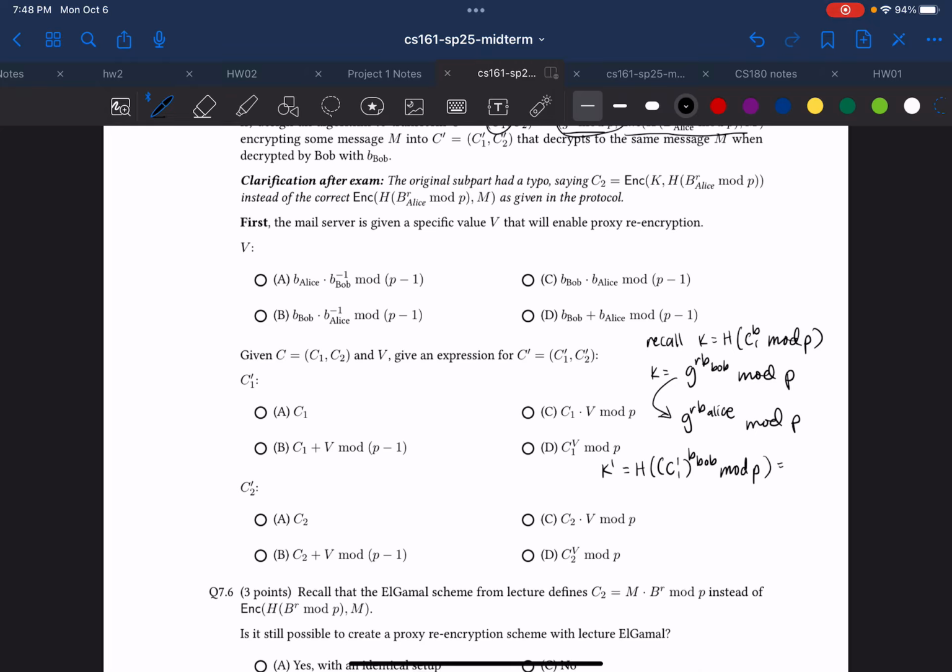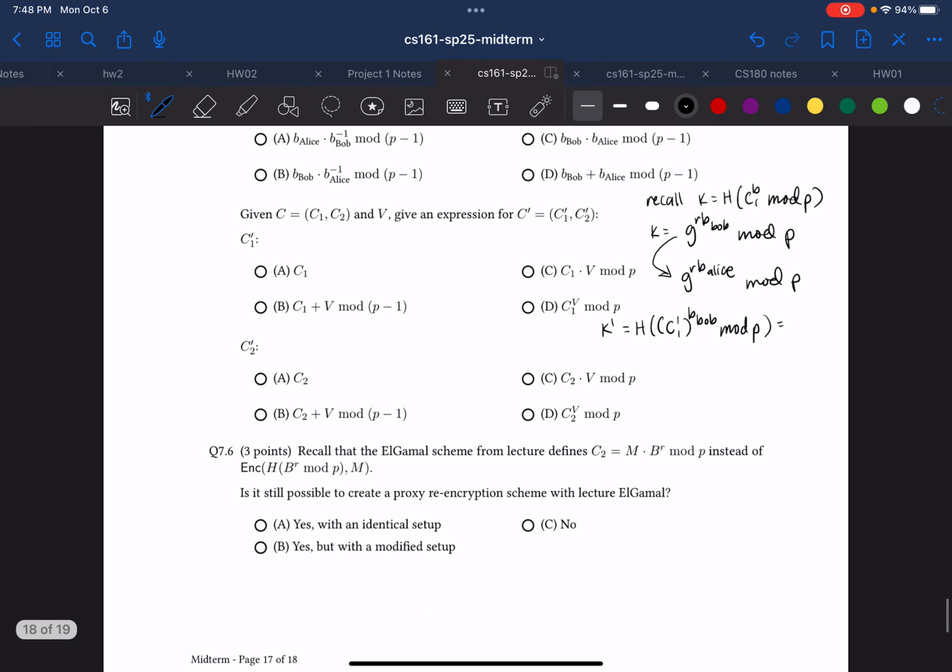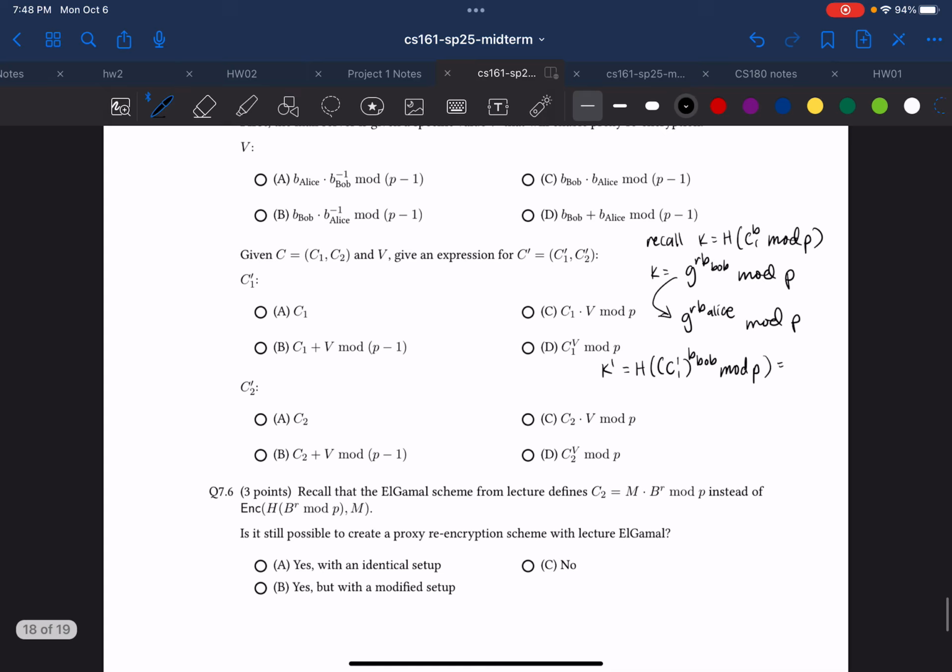But when you actually evaluate this after he applies his key on the augmented ciphertext, it should actually just evaluate to the key that we can use on the original ciphertext. Okay, and then this, when we apply it on the original ciphertext, will give us back the original message.